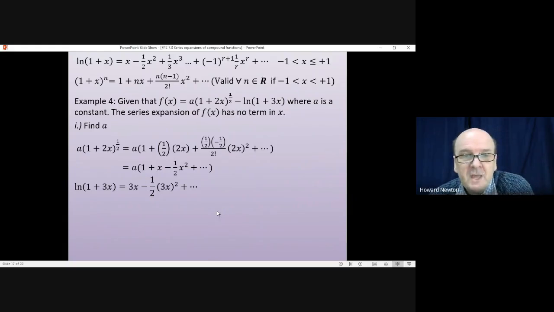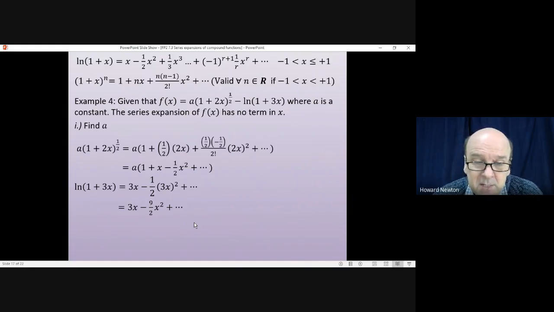The log of 1 plus 3x means I need to substitute in x equals 3x into the top series there, and that will give me this, which simplifies to 3x minus 9 over 2 times by x squared. And again, for what I'm doing at the moment, I won't need any more terms in that. The only thing I'm really interested in at the moment is the term in x, and exactly why there is no term in x.